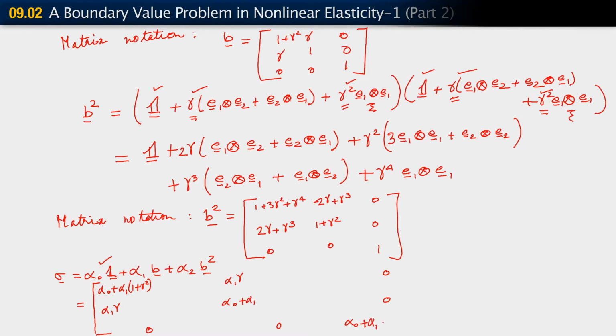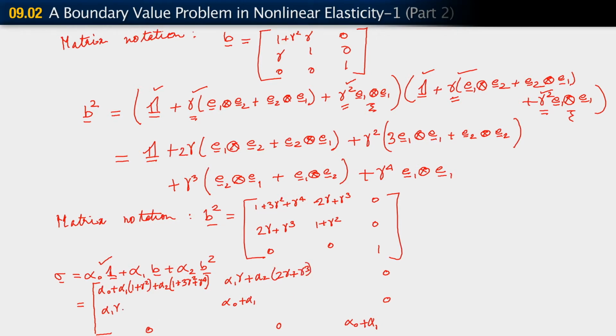And then we come to b square, which is just alpha 2 times all the b square terms. So in the 1, 1 position, we get alpha 2 times 1 plus 3 gamma square plus gamma to the 4th. In the 1, 2 and 2, 1 positions, we get alpha 2 times 2 gamma plus gamma cube.